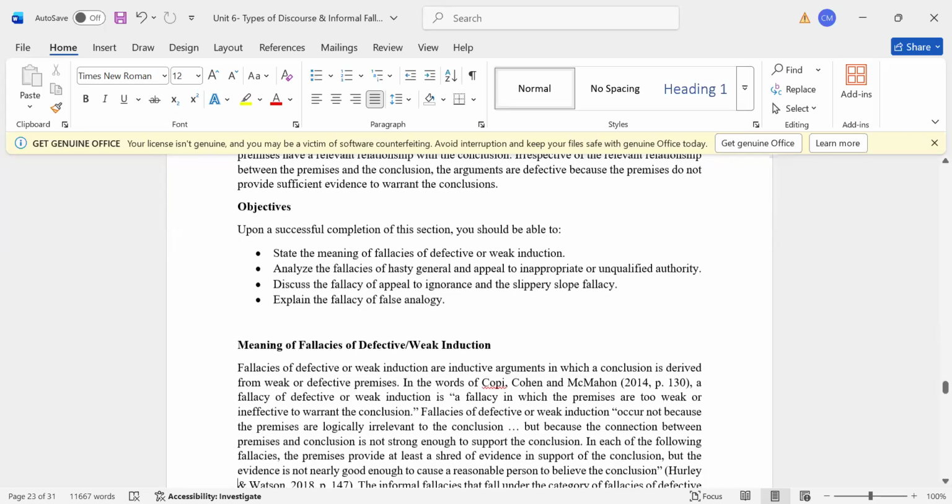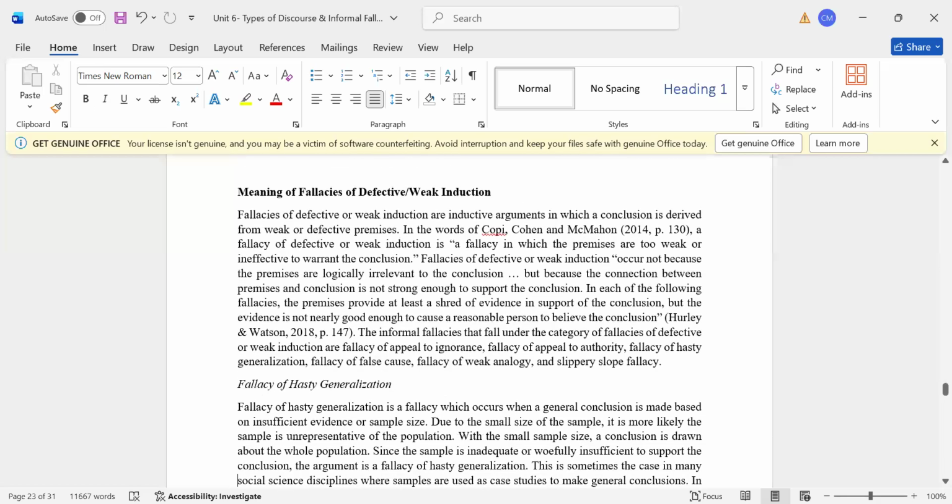We have different types of that. The first is the fallacy of hasty generalization. Small evidence, a piece of evidence, and on the basis of it, you draw a conclusion. So what stereotype do you have about people?